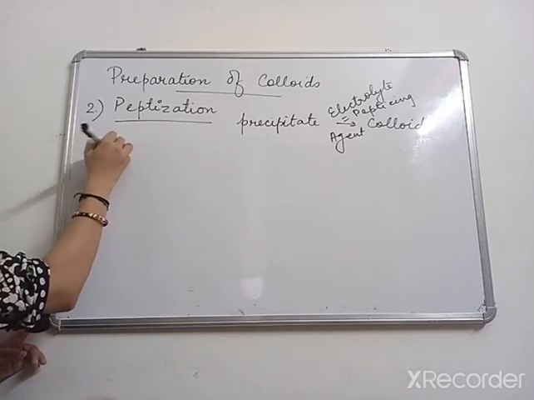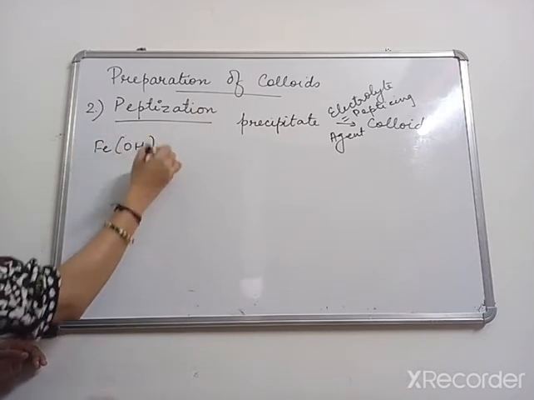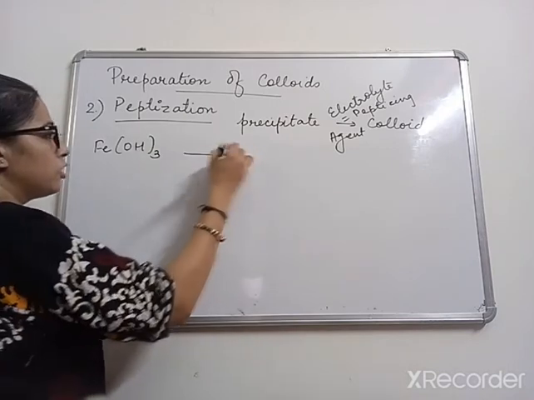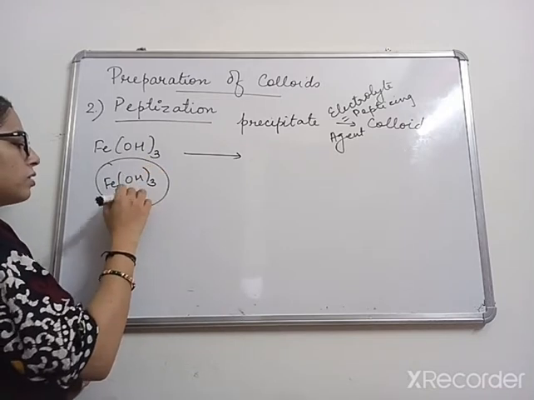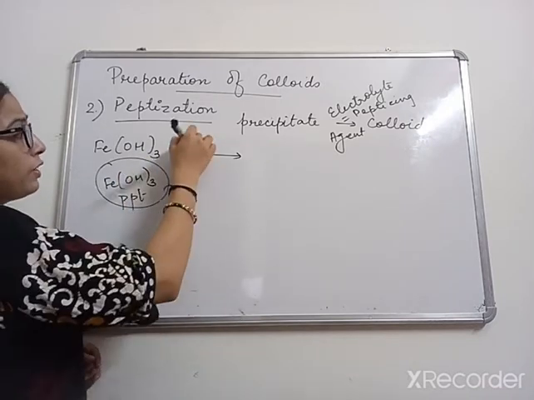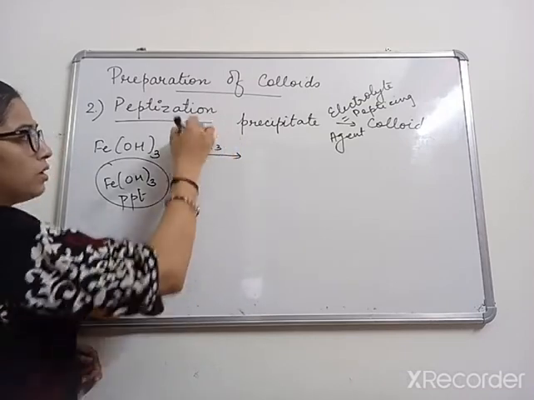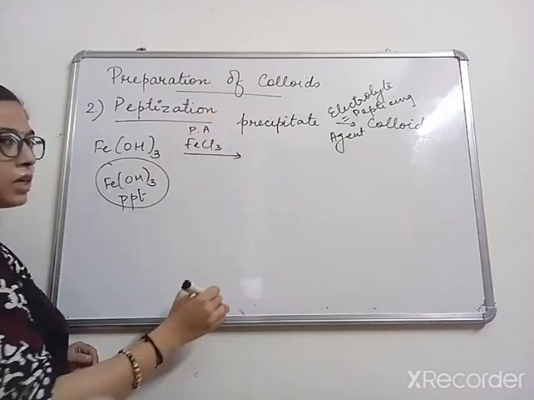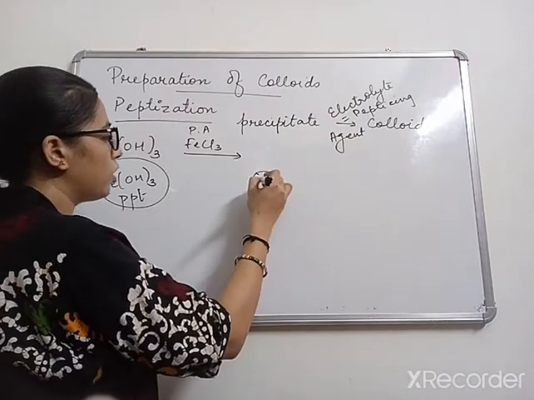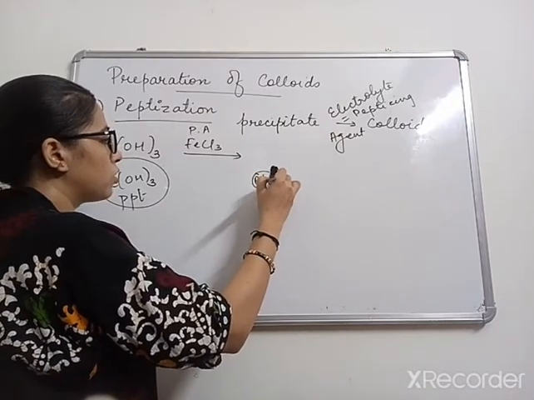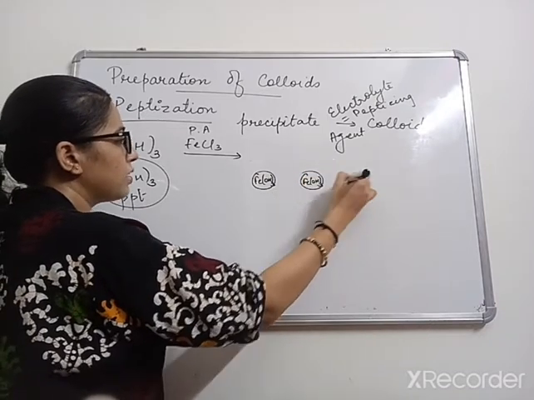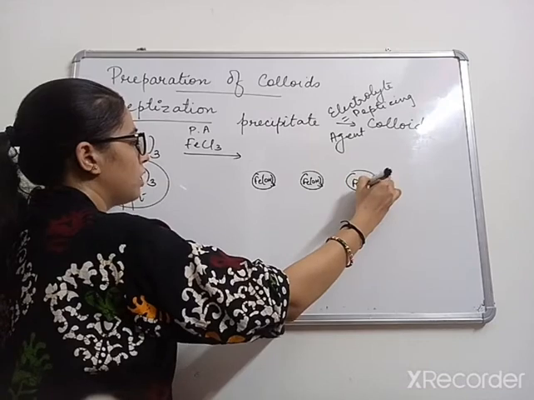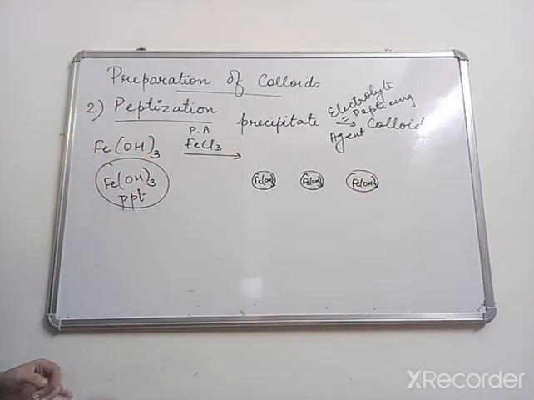For example, if you have a reddish brown precipitate of ferric hydroxide, we add a small amount of ferric chloride, which here acts as the peptizing agent, and this ferric hydroxide will turn into colloidal-size ferric hydroxide, and this conversion of a precipitate into colloid is called peptization.